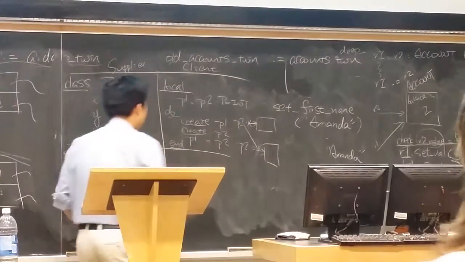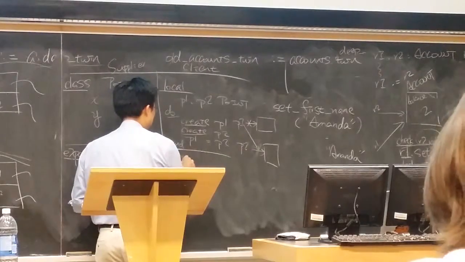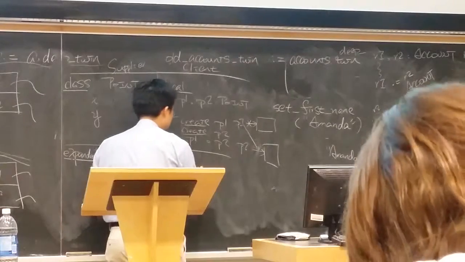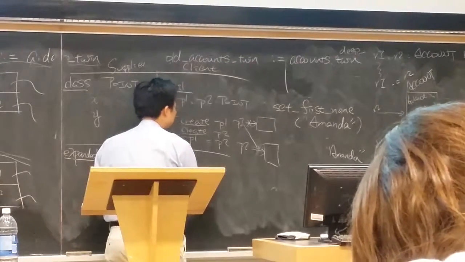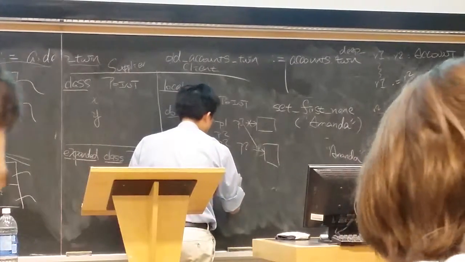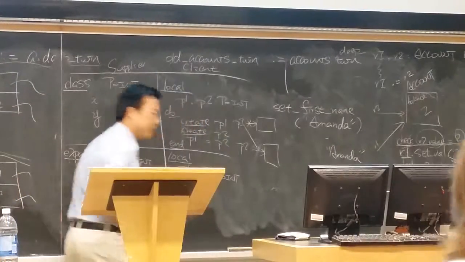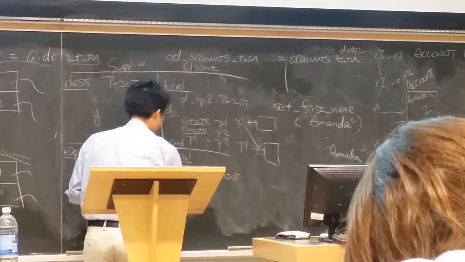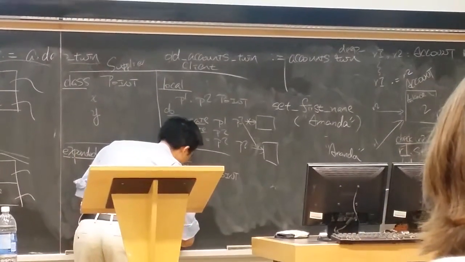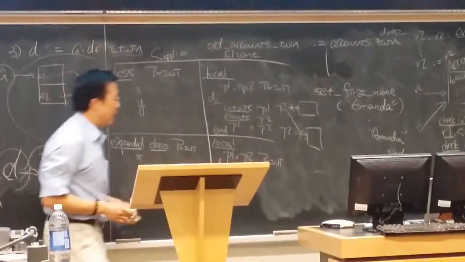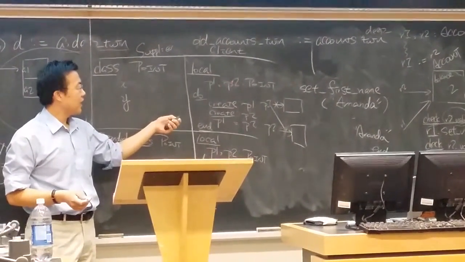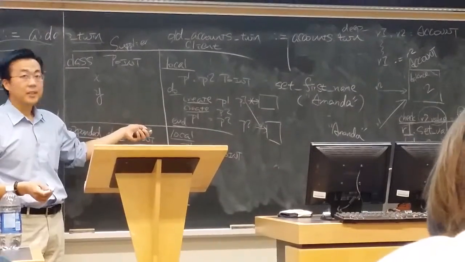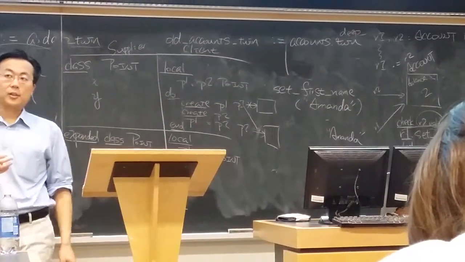Okay? So now you still have your local variable here. You can say P1 and we have P2. By default, P1 and P2 in this case will be void before you initialize them using the create instruction.